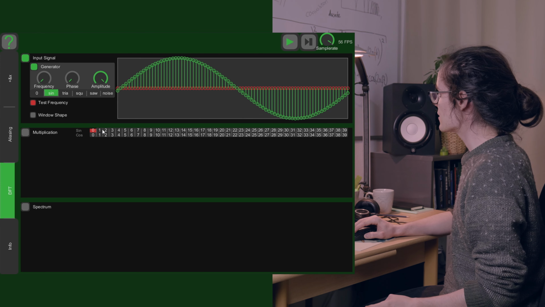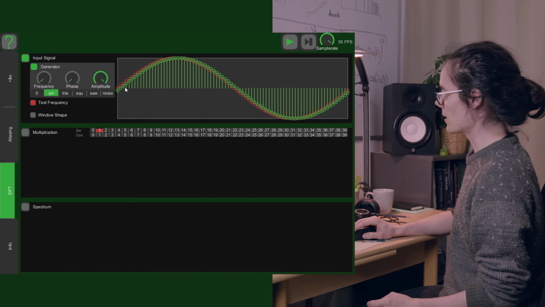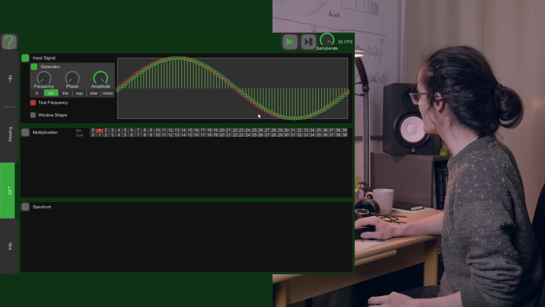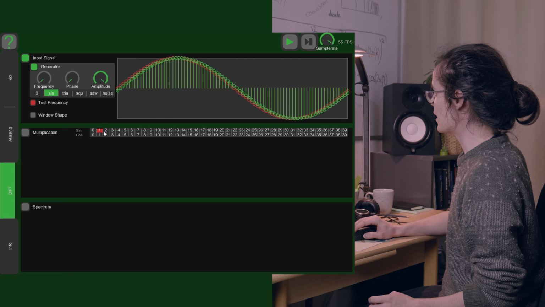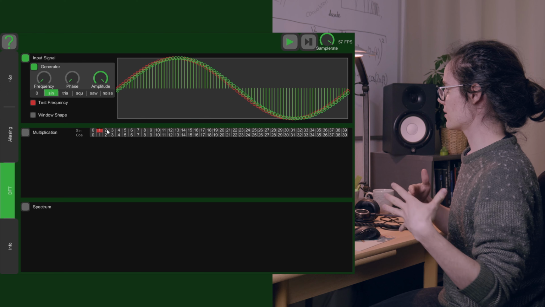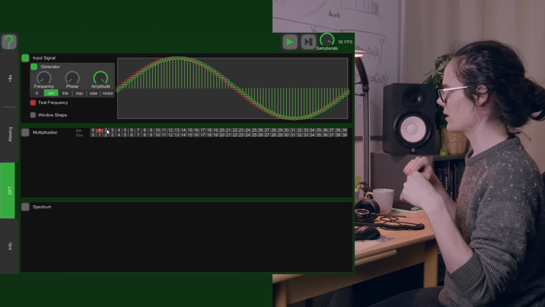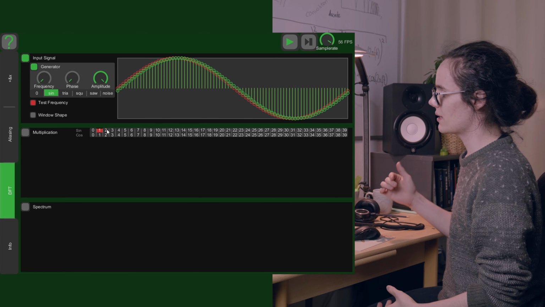Okay, so let's look at the test frequency. As we already said, the test frequency basically is a frequency with which we will multiply our input signal. But we want to sweep the test frequency through the whole spectrum and multiply it with the input signal and then look at the average.